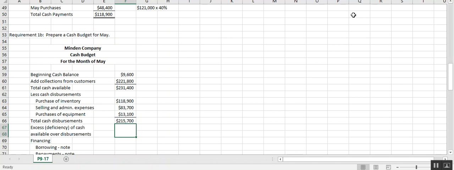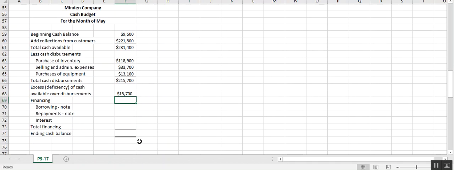There was nothing else that we paid cash for. And then we have an excess or a deficiency of cash available over cash disbursements. So I'm going to take our cash available, and less our cash disbursements, gives us an excess of $15,700 in cash that we have available over disbursements.